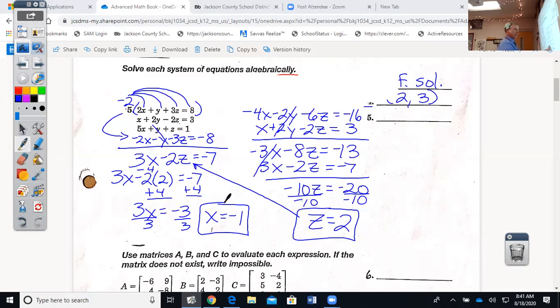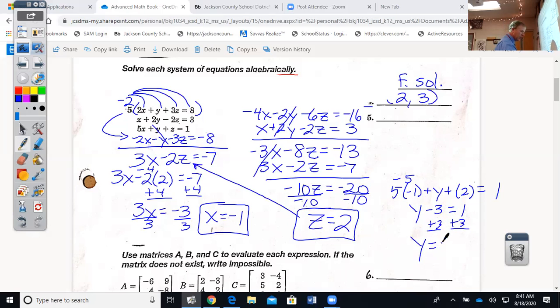I'm just going to do the bottom one there. 5 times x. X was -1. Plus y plus z is 2 equals 1. Let's see here. -5 plus 2 is -3, and add your 3 over, y equals 4.